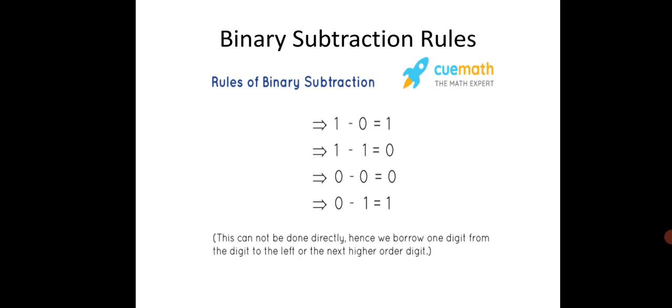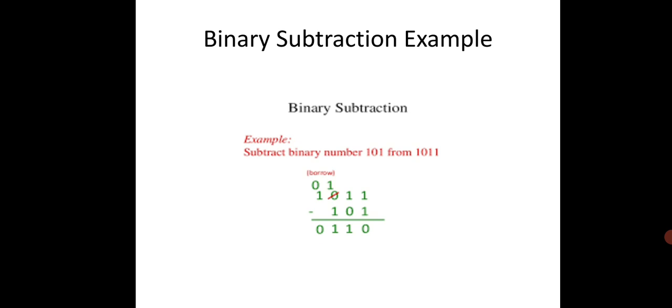As 0 minus 1 we write down as 1 1 because difference is 1 and borrow is 1. Now we will see the example of the binary subtraction.